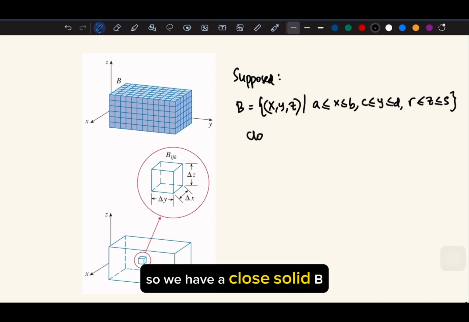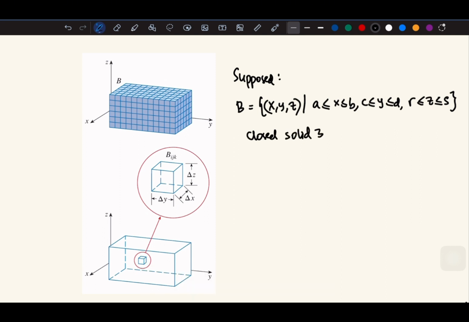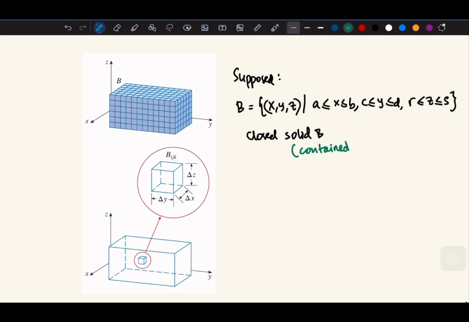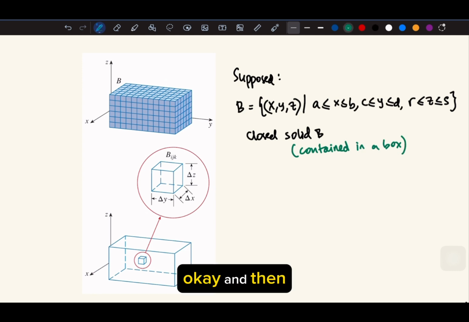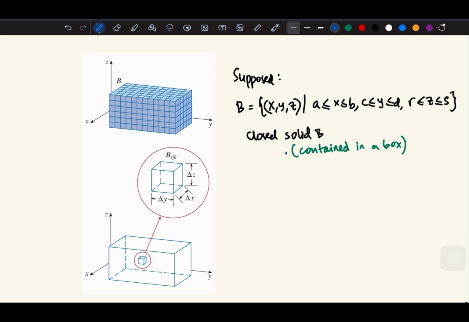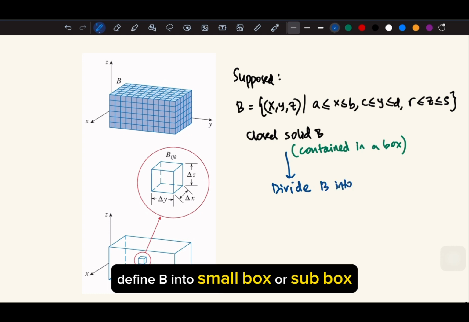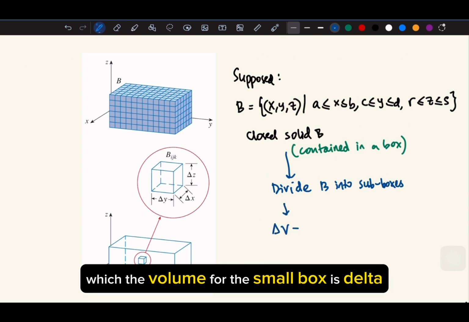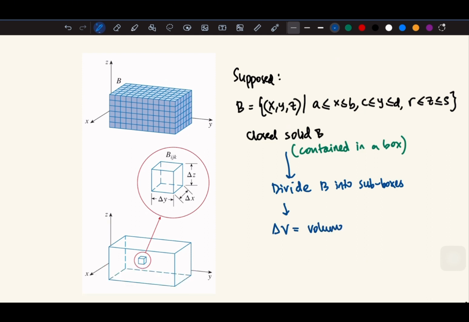So we have a closed solid B, which we say is contained in a box, and then divide B into small boxes or sub boxes, where the volume of the sub box is delta V.